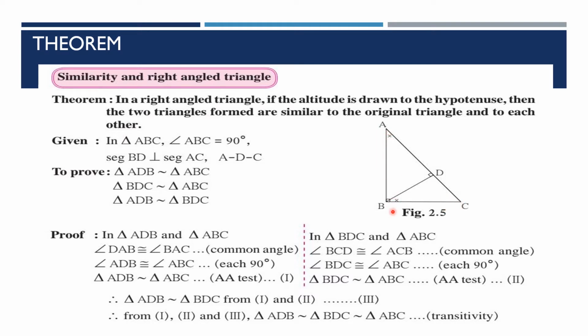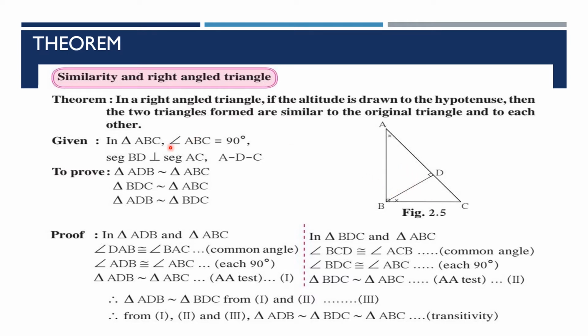This is triangle ABC, in which this angle ABC is right angle, and from this right angle to the hypotenuse, one perpendicular is drawn. This perpendicular is BD, and therefore BD perpendicular to AC, and therefore triangle ADB and triangle BDC, these two triangles are also right angle triangles.